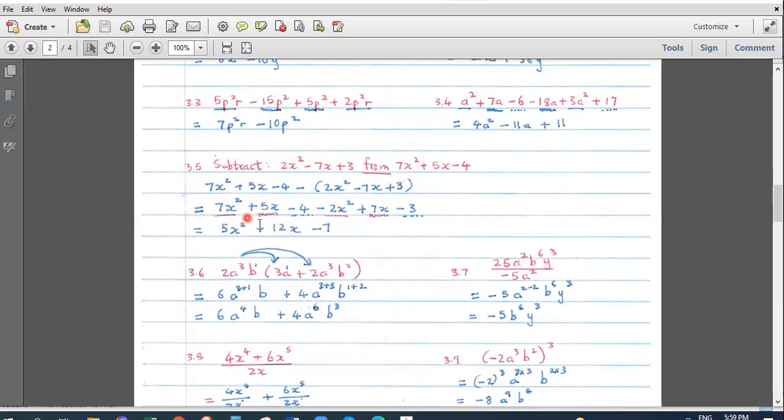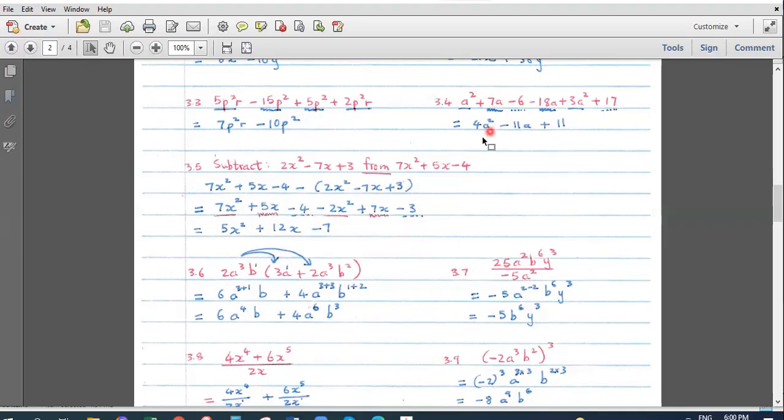Then here's my little squiggly mark here. And here, these are the like terms. So plus 5x plus 7x. 5 plus 7 is 12x. Then we have negative 4, negative 3, which is negative 7. Boys and girls, it is good to do it mentally, but you can check with the calculator to see if you are correct.